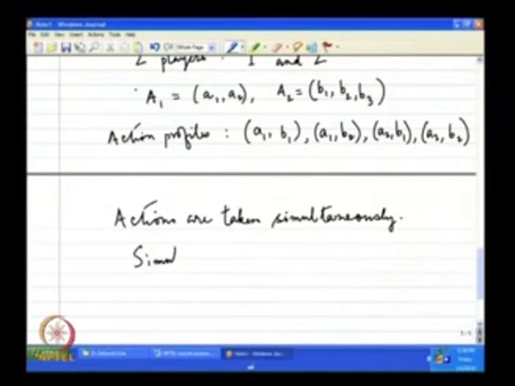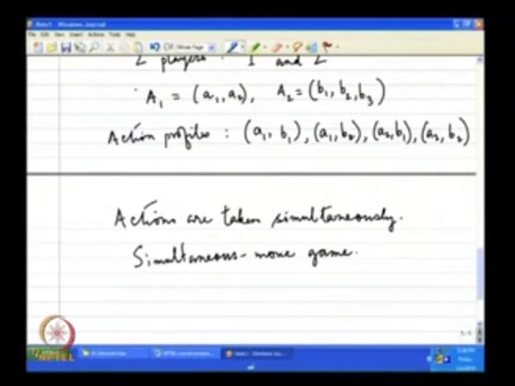So this is one reason why strategic games are also called simultaneous move games. By move we mean the taking of the action.